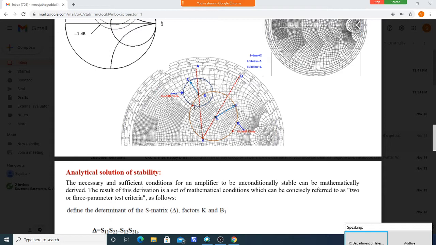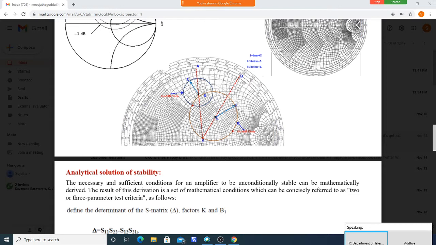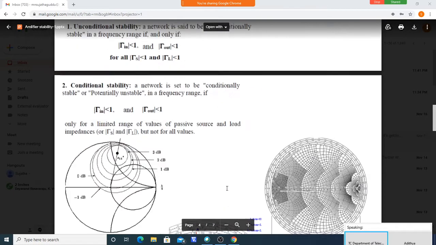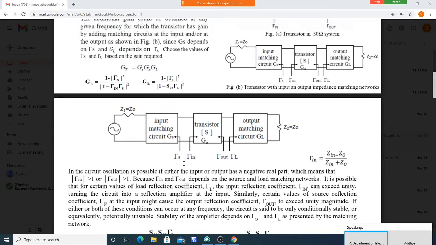Again, we have to choose a particular value. Otherwise, what happens to the stability of the amplifier? If you take, instead of here, somewhere here or here, what happens to the stability of the amplifier? So in the constant gain circle, we got an impedance zs.